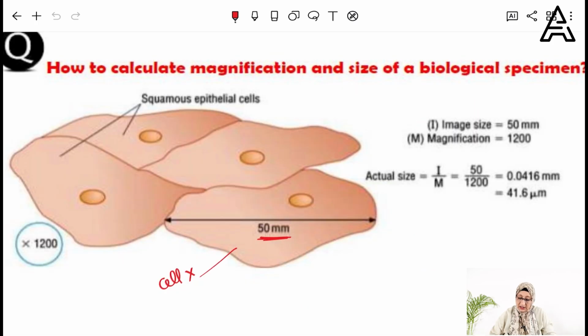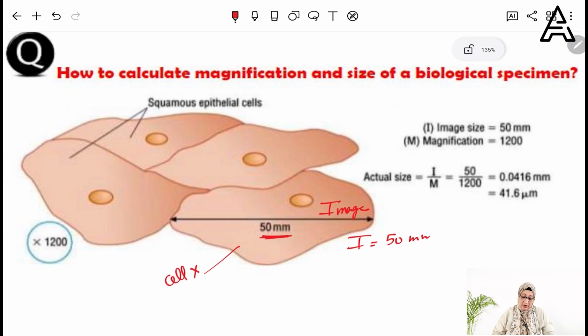So let's apply the rule here. This is the diagram. This is the diameter of the cell on the diagram. So this is the I, the image. The I equals 50 millimeter. Okay? Where is the magnification?